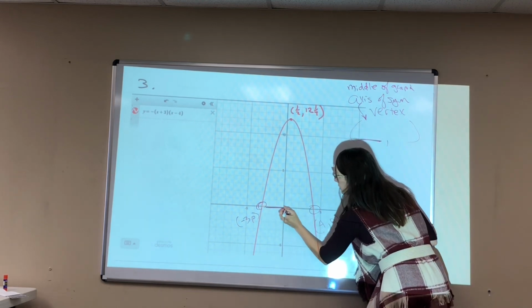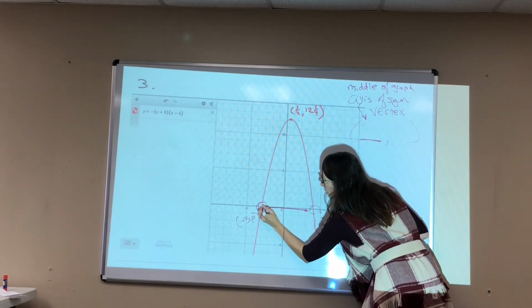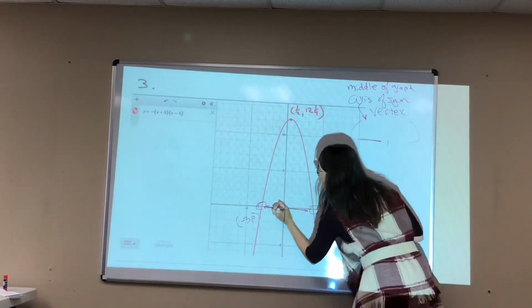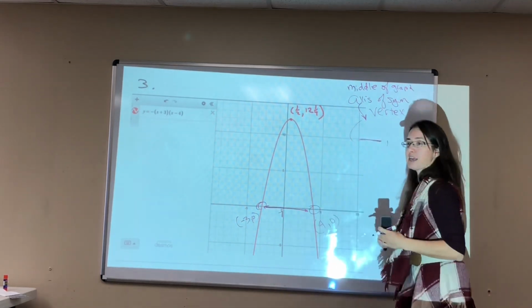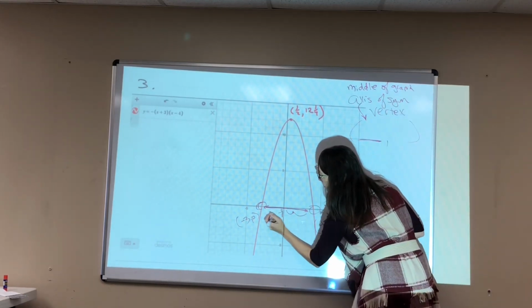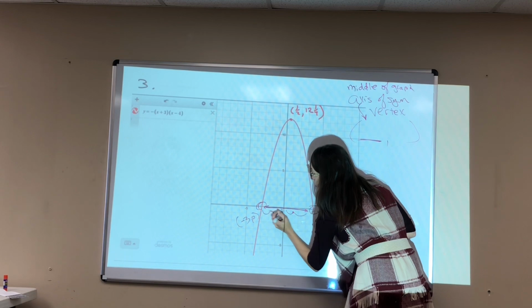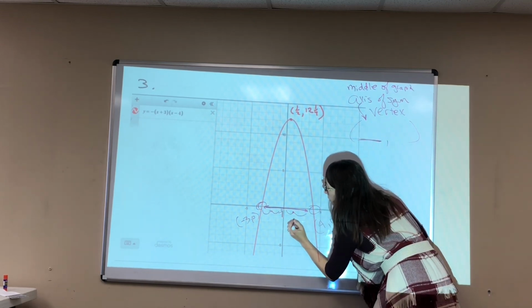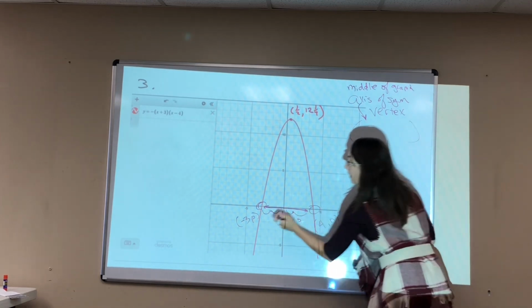So what is our distance between those guys? 7. Our distance is 7. What is the middle? How do we find the middle of 7? 3.5. On that side, 3.5.